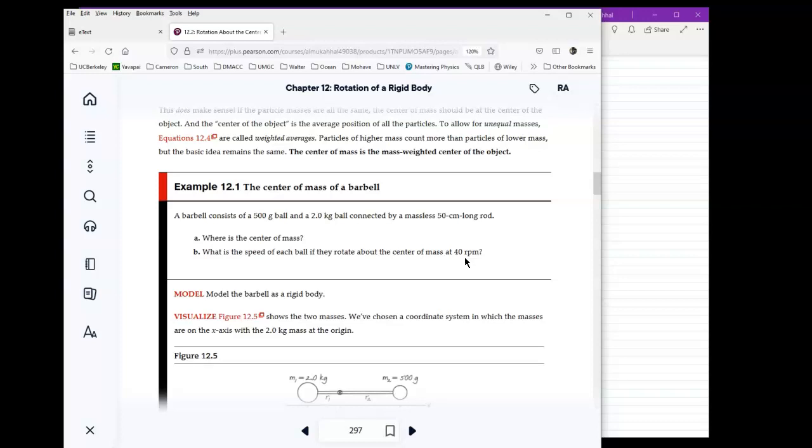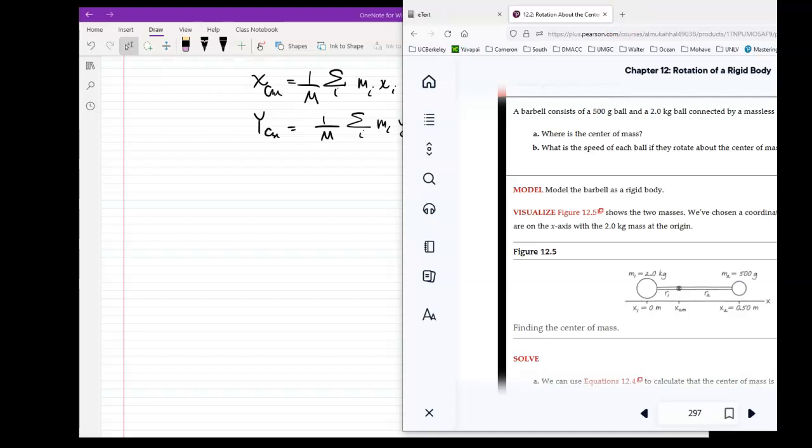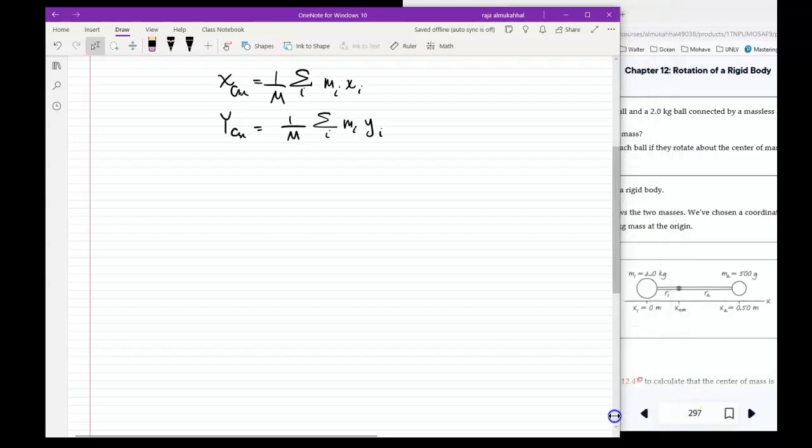We covered rotational motion. So how do we do something like this? Well, again, we go back to that. Let me move this on the side. Okay, so the way we do it is, let me write down what's given to us.